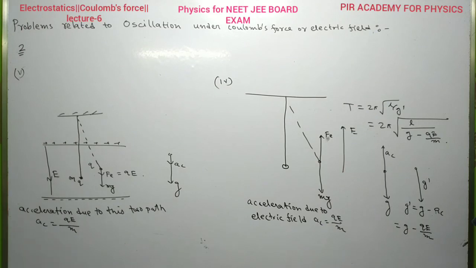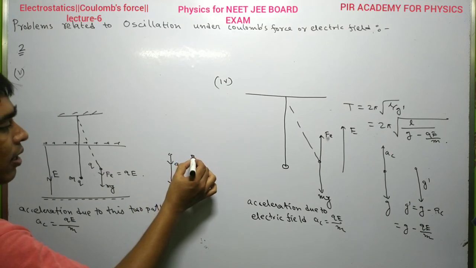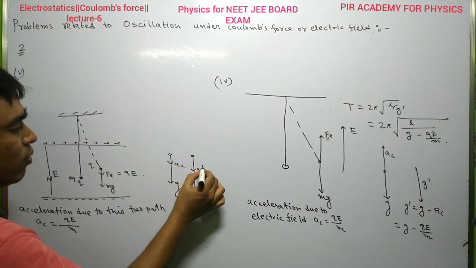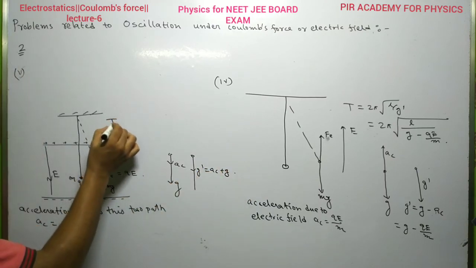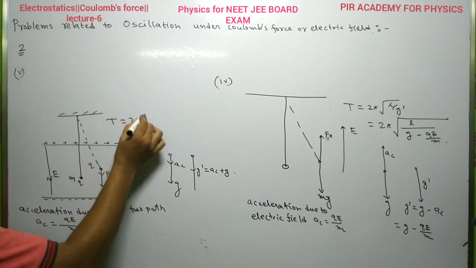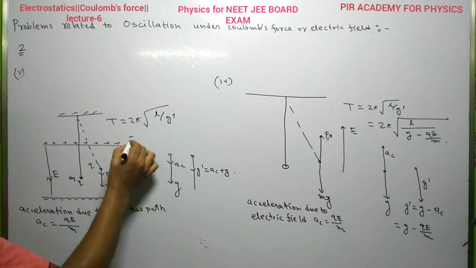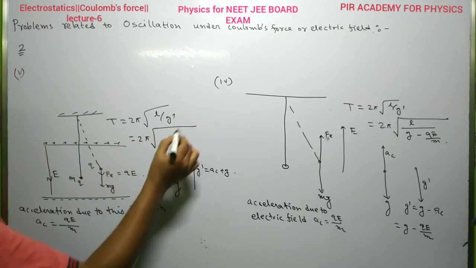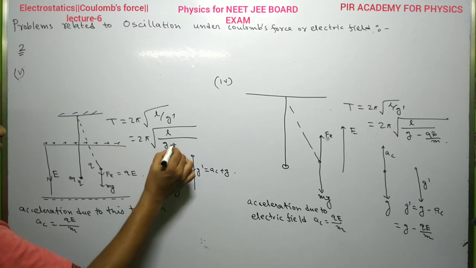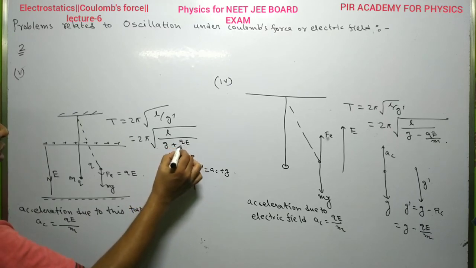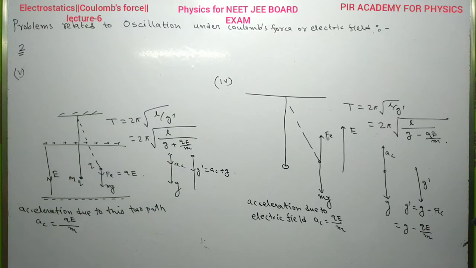So the resultant acceleration g dash will be the sum of these values. So the time period will be 2 pi root over L by g dash. So it will be 2 pi root over L divided by g plus qE by m. This is the time period in this condition.